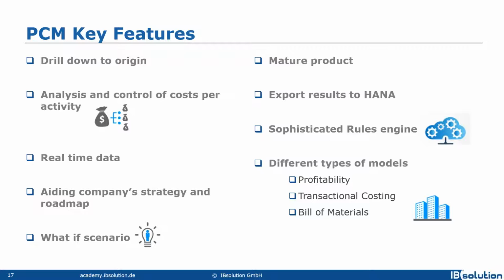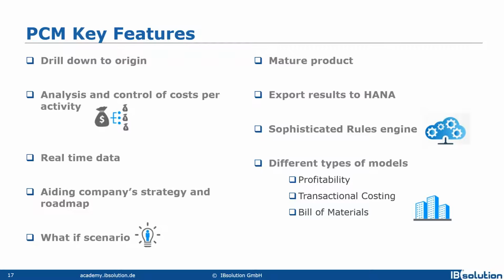It also can deal with very sophisticated calculations, and the beauty of it is that the calculation model comes with PCM. So based on the complexity of your business, you can use the out-of-the-box functionality, but also you can add additional rules and calculations to fit the demand of your organization.